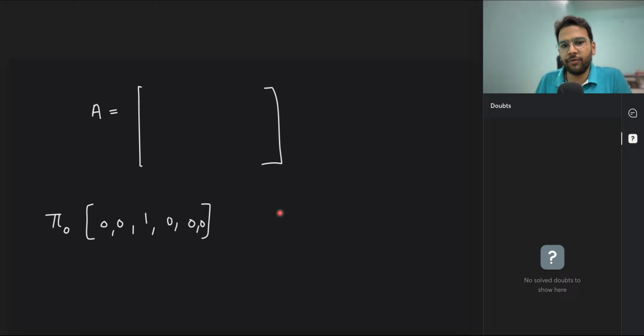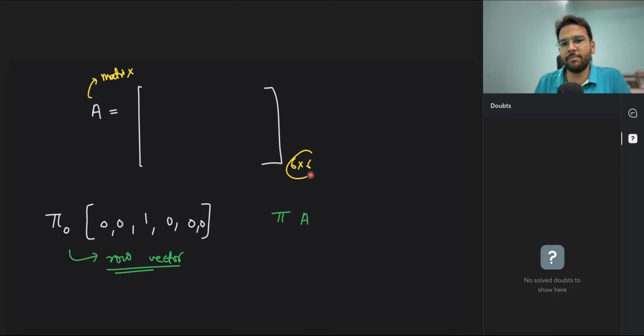what we do is we multiply this pi with A. So this is a row vector, yes or no? I hope everyone has covered the linear algebra part. So now we are using the linear algebra concepts here. And this is an n by n matrix.